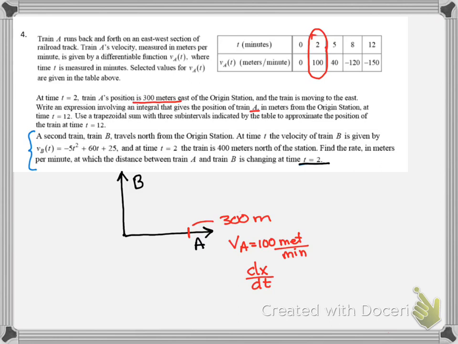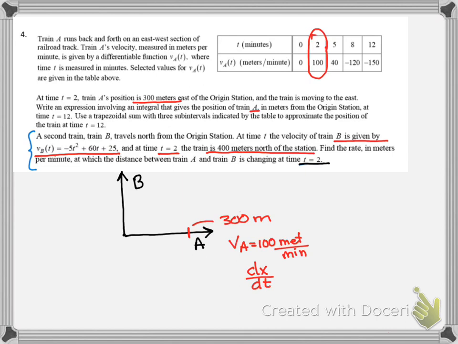Then they tell us train B has this velocity, and at time t equals 2, its position is 400 meters north of the station.